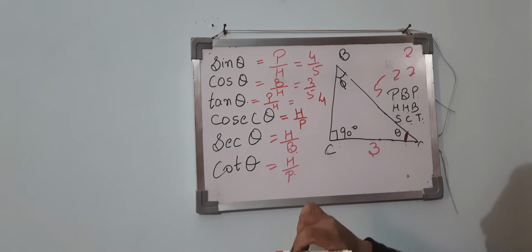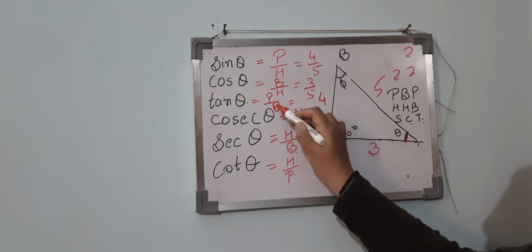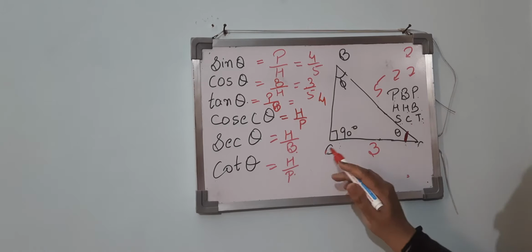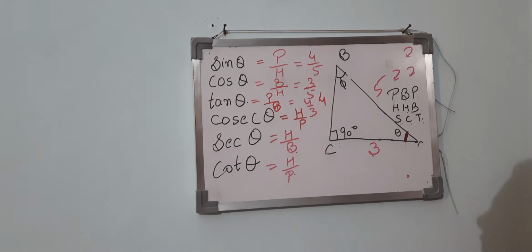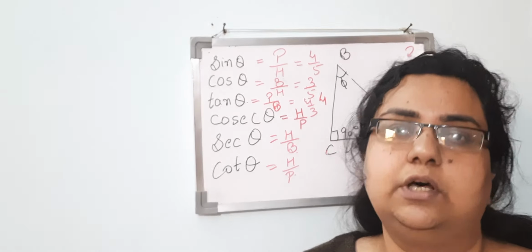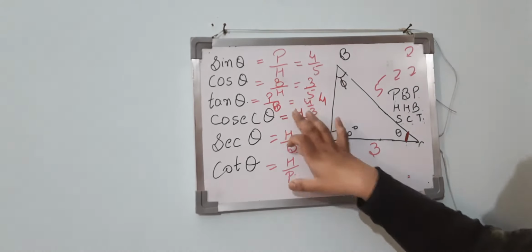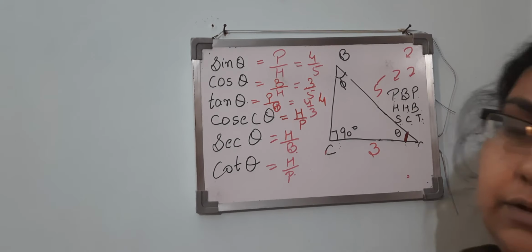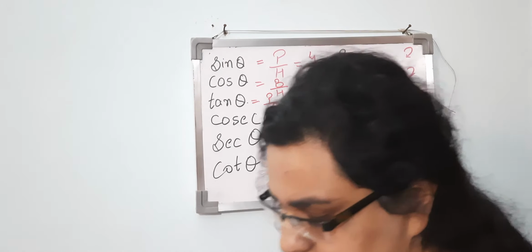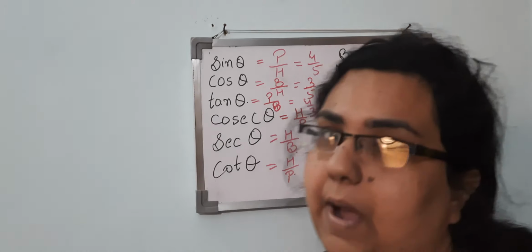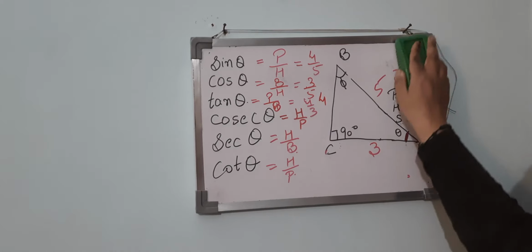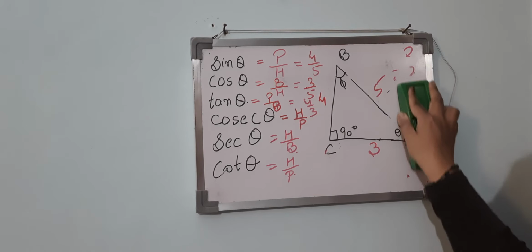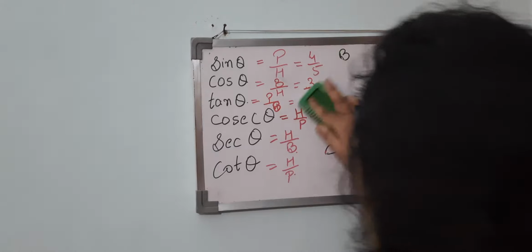Perpendicular over base means 4 over 3. So you can easily put the values and get all the trigonometric identities. This is the basic part of trigonometry, the first concept which you have seen. Now let's take another concept.